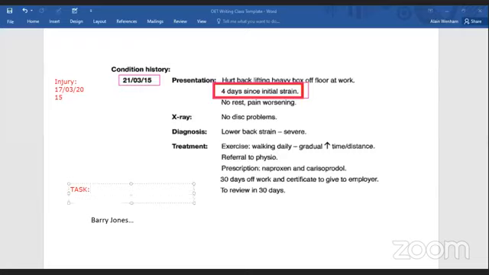Write a sentence about this injury using past perfect. You can type into the chat box if you want, or you can just write it on paper and read it to me. I don't mind either one.